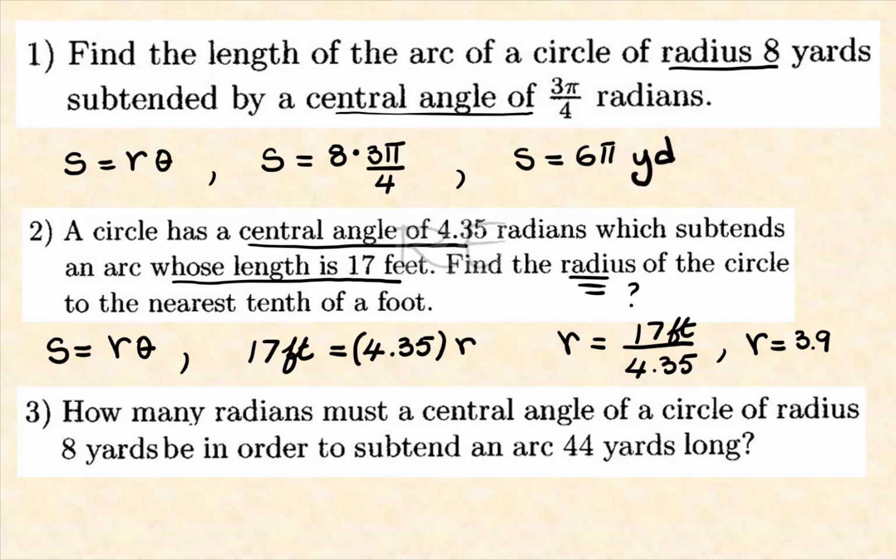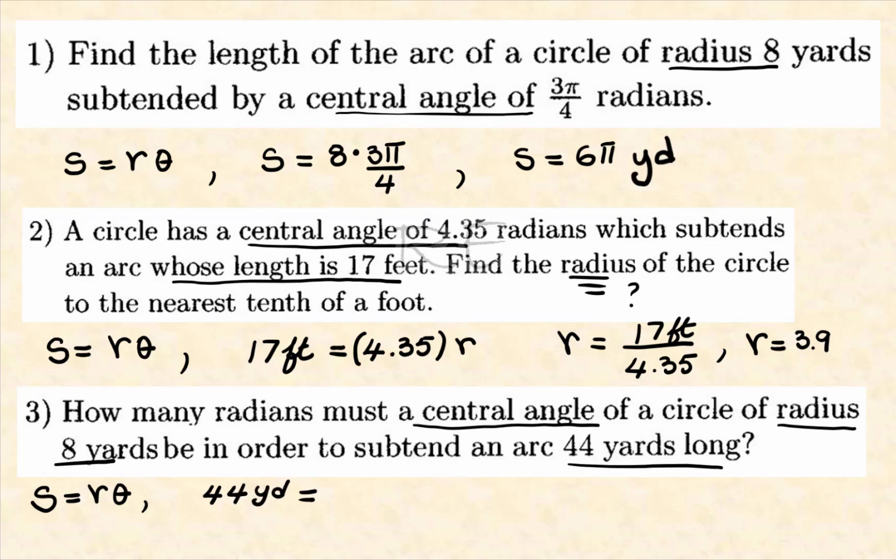For number 3, they're asking for the central angle given the radius and the arc length. So arc length is equal to the radius times the central angle, S equals R times theta. The arc length is 44, so 44 yards is equal to the radius, 8 yards, multiplied by theta, the central angle.